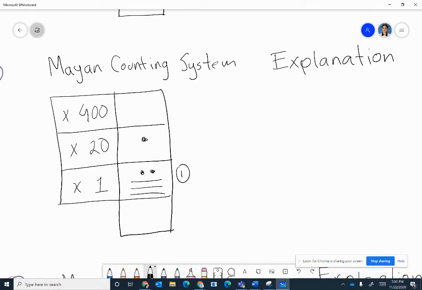Third example. Okay, we have 3 lines and each line represents 5. So we are writing down 5 plus 5 plus 5. And also we have 2 dots, and remember that each dot represents 1. So plus 1 plus 1 equals 17. Second step, 17 times 1 equals 17.